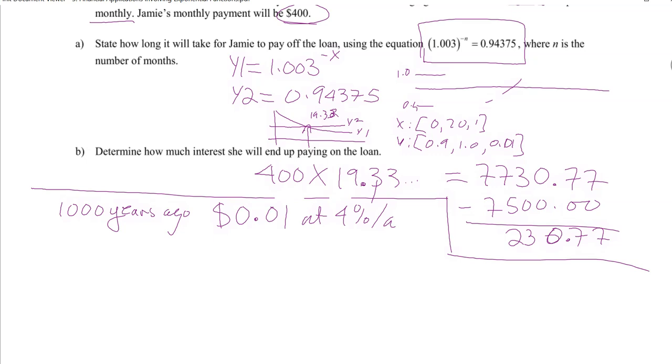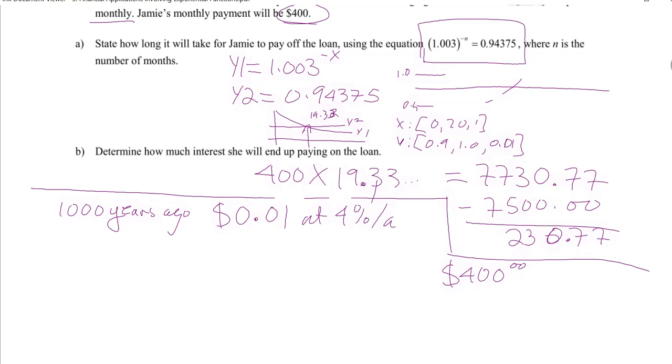Okay, so one more time. You've got 1 penny, 4% interest per year for 1,000 years. How much money? $400. Okay, anybody else got a guess? 1,000 years, 4%.